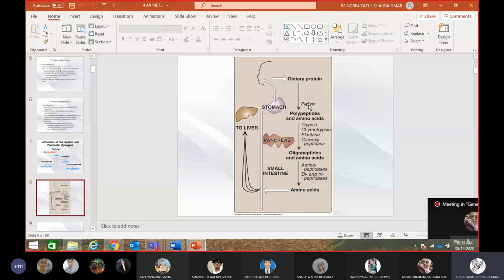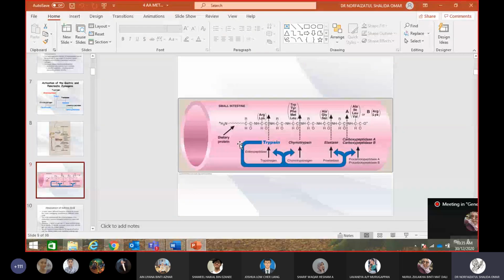For this one, trypsin will cleave the protein and produce arginine and lysine, and then chymotrypsin will produce phenylalanine and methionine. So different enzymes cleave at different sites to produce specific amino acids.